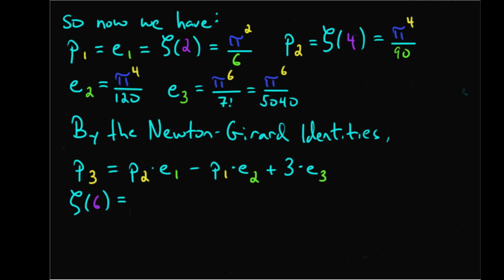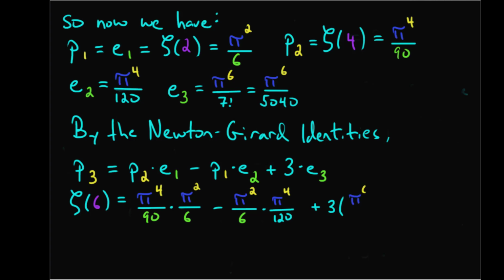We have then for P3, zeta of 6, equals pi to the 4th over 90 times pi squared over 6, minus pi squared over 6 times pi to the 4th over 120, plus 3 times pi to the 6th over 5040.